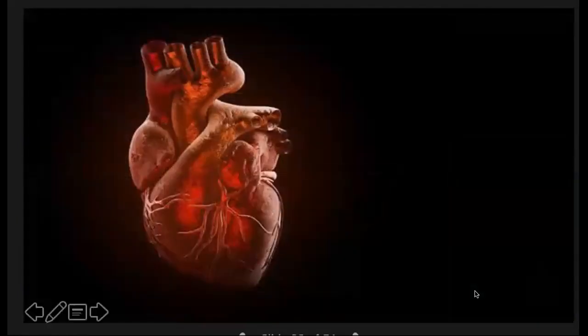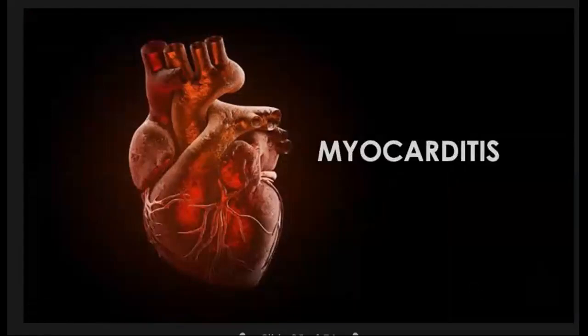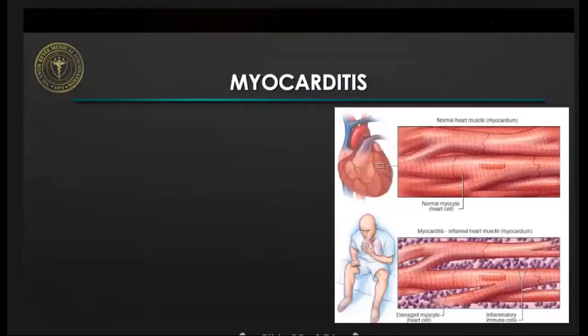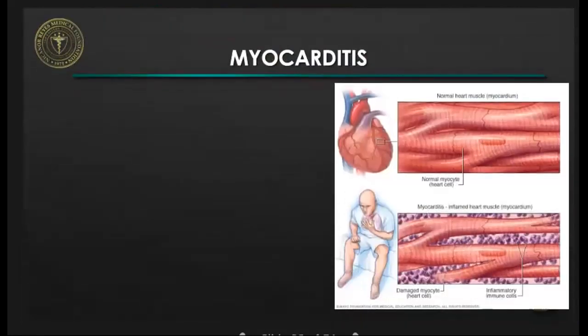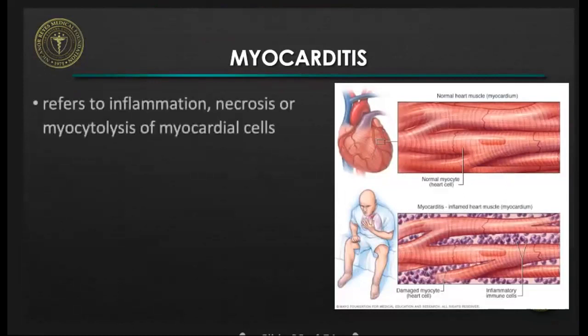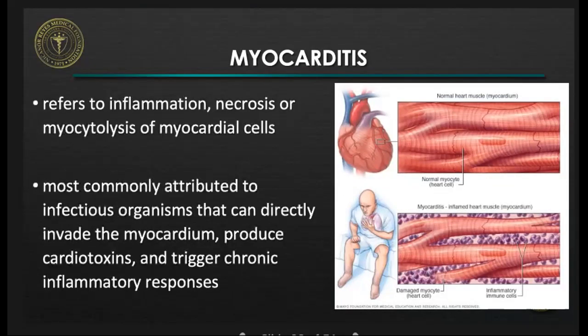Let's move on to the second part of my lecture, which is myocarditis. So myocarditis may be a precursor to idiopathic dilated cardiomyopathy. It refers to the inflammation, necrosis, or myocytolysis of myocardial cells.